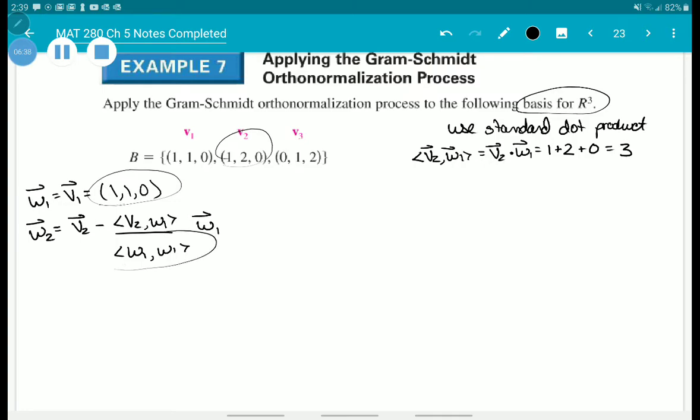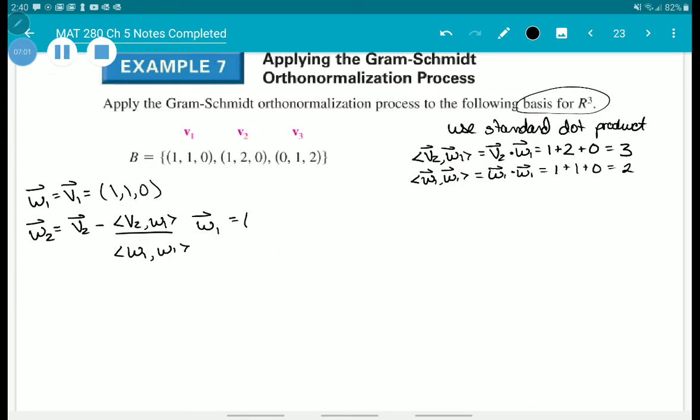And then we need W1 with W1. So 1 times 1 is 1, plus 1 times 1 is 1, plus 0 times 0 is 0.